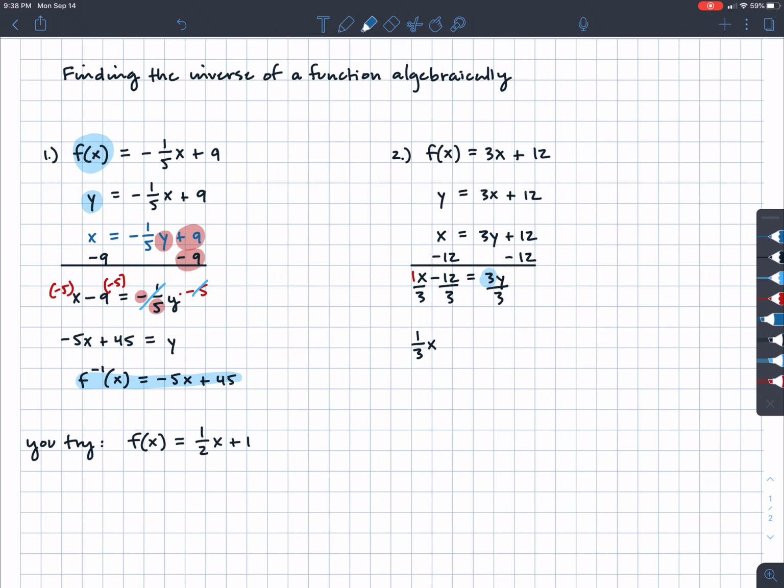Negative 12 divided by 3 gets me negative 4. And 3 divided by 3 is just 1. So the inverse function for this original f of x, so f inverse of x, is equal to 1/3 x minus 4. And there is my final answer.